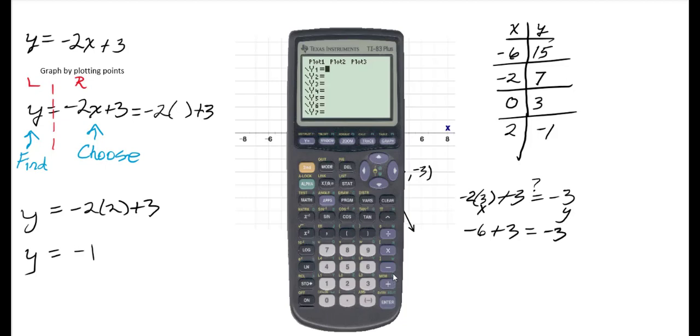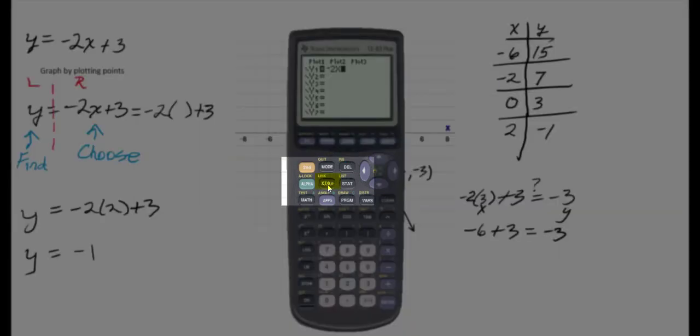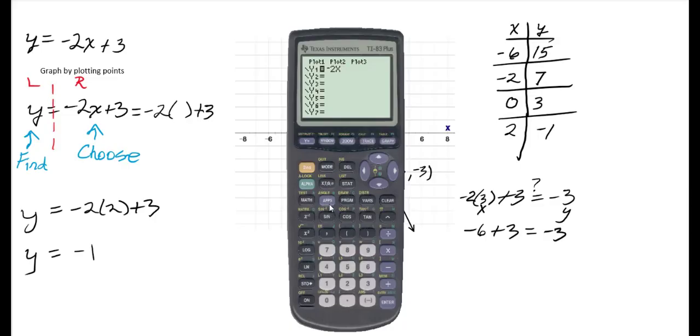So if you're dealing with a negative number like -2 from this equation, then we would use this button at the bottom and we would not use the subtraction. So now we'll type -2x, and to find x you just go to this part of the calculator labeled X,T,theta,n, and that's how you get the variable x. Then I'll hit +3.